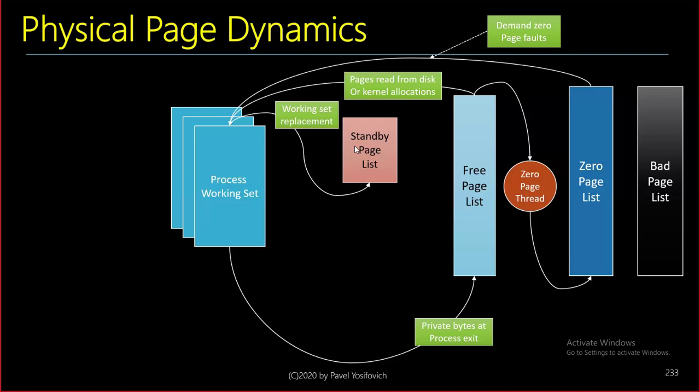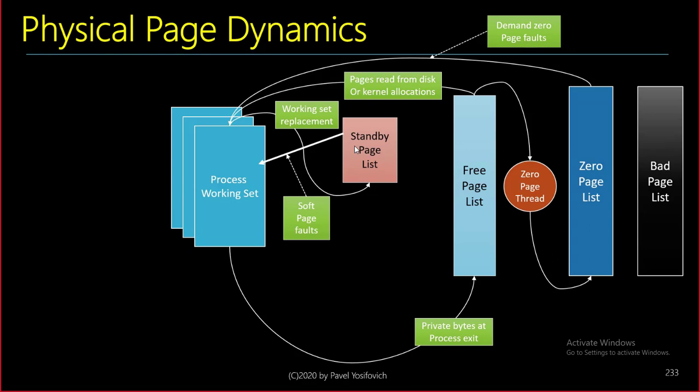And so if that process suddenly decides to use that memory, then it's brought back to the working set immediately using a soft page fault. So, okay, now you do want to use the page. Luckily for you, I haven't yet thrown it away, so here you are. And so this allows us to have soft page faults that don't involve I/O.